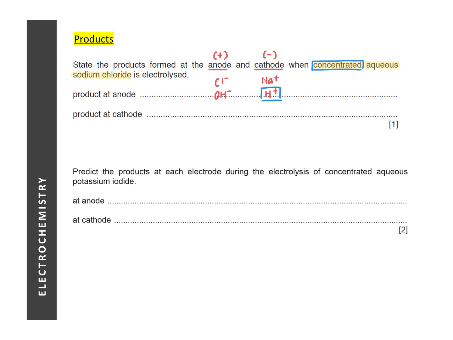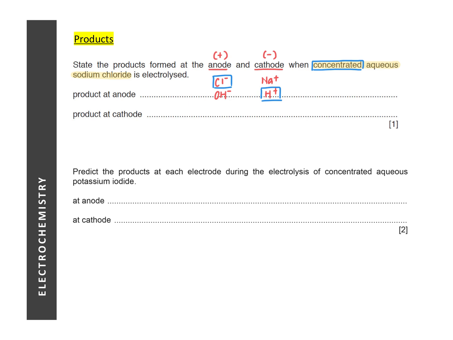When you have a concentrated electrolyte, concentration would only affect the discharge of ions at the anode, and specifically for your halides, or your chloride, bromide, and iodide. So in this case, when you have concentrated chloride, even though it is slightly above hydroxide in the electrochemical series, it will be preferentially discharged.